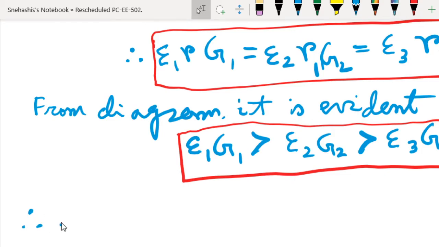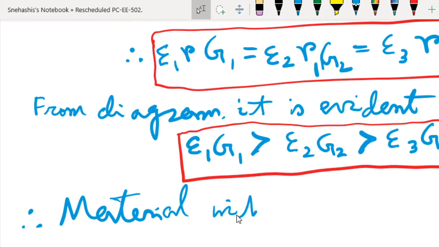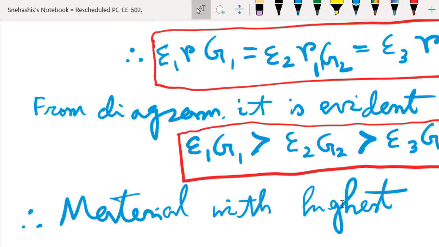Therefore, the material with the highest permittivity-dielectric strength product is placed near to the core.